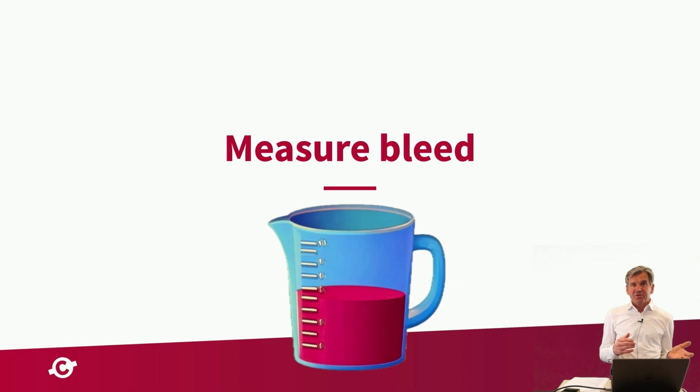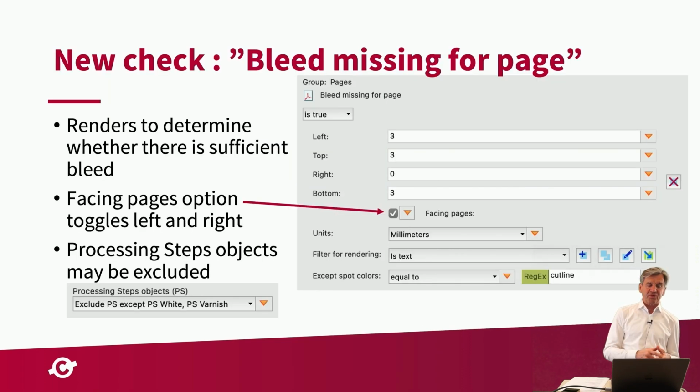What was possible in pdfToolbox 15 was to auto-determine, but if you want to do something different, so you don't want to use the feature built into the create bleed at edge fixup of pdfToolbox, if you just want to measure whether there is bleed and whether the bleed sufficiently goes outside of the trim box, then you now have access to that measurement, to that analysis in pdfToolbox 16.